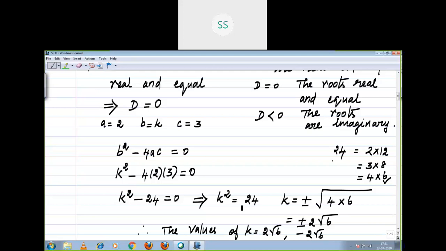If you feel it is tough, you should write up to plus or minus root 24. That is also correct. But you are grown up and studious, so you should write the exact answer. k equals 2 root 6, k equals minus 2 root 6. Both values are accepted.